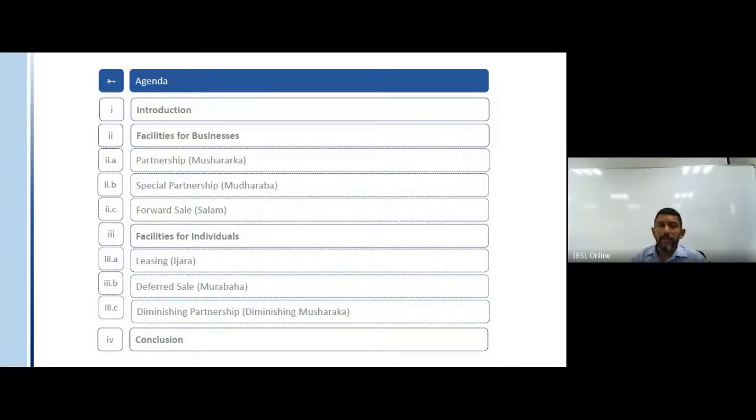To start with, we will try to understand what we mean by Islamic banking. Then we will go into different types of products used to give facilities, give loans in Islamic banking, and then we will conclude. During the sessions, we will go step by step, and we will also try to practice some questions during the process.